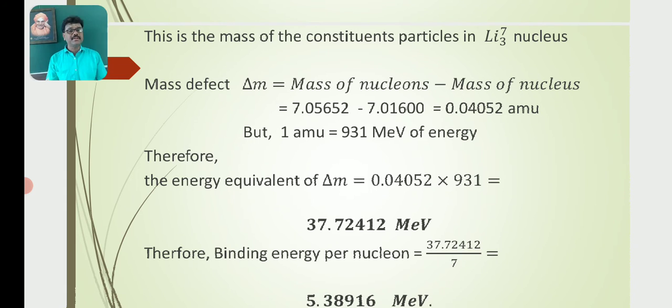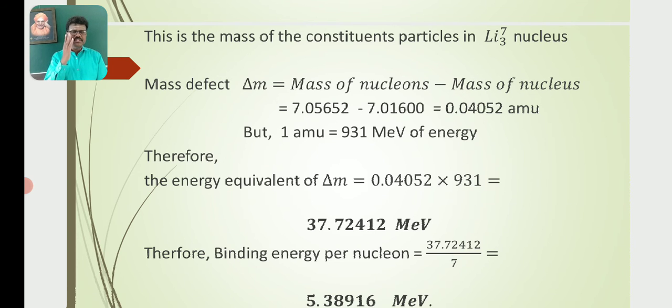So, during the formation of the lithium-37 nucleus, this mass must have disappeared. According to Einstein's mass energy relation E is equal to mc square, where energy and mass are interconvertible quantities. That means energy can be converted into mass, and mass can be converted into energy. So here the mass defect 0.04052 AMU is converted into energy.